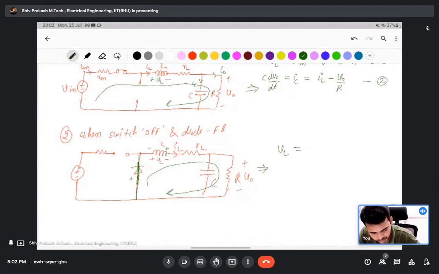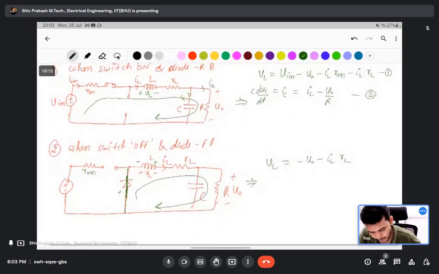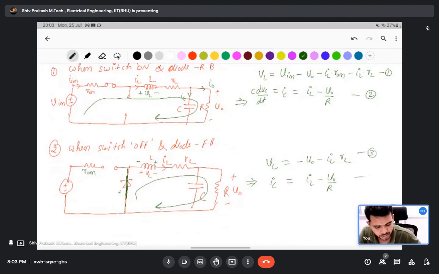This one means V naught minus IL into RL. Here R on is not in the picture in the VL voltage, the inductor voltage, and IC is equal to IL minus V naught by R. Third, fourth equation.